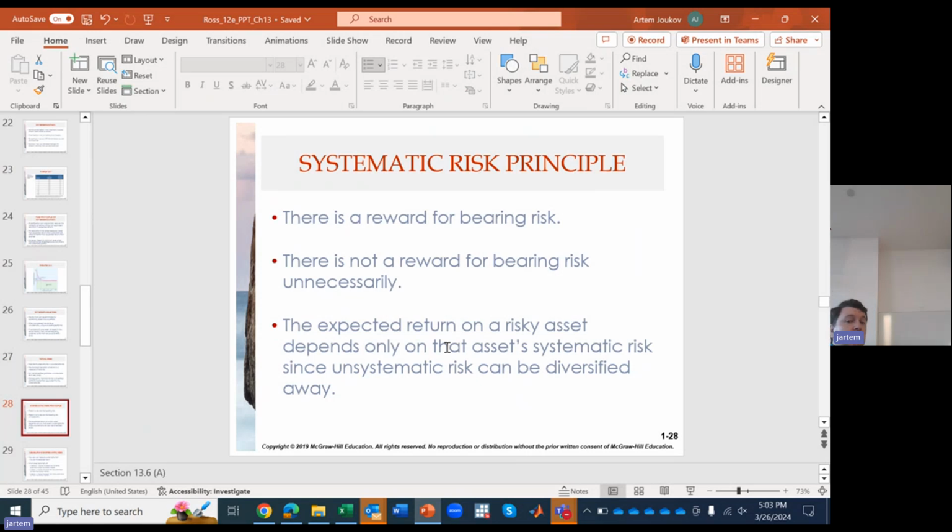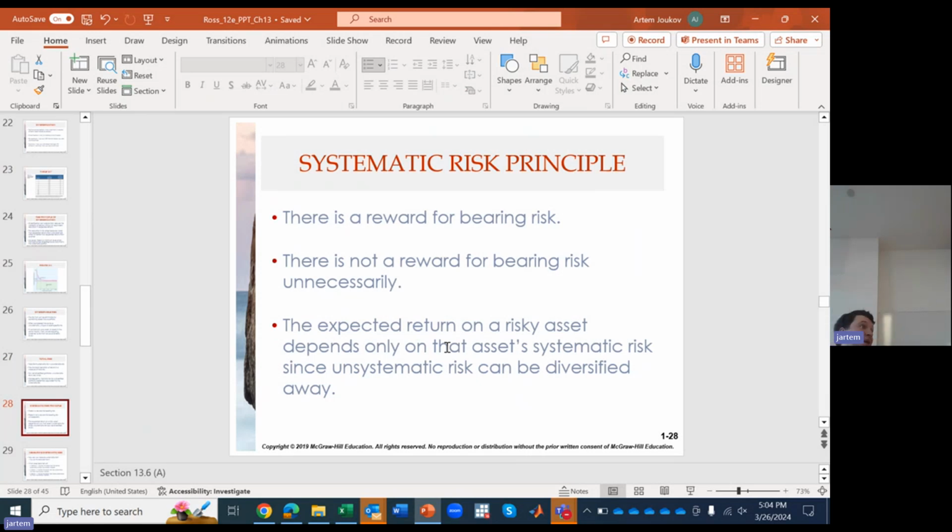Now, this is what you get a reward for. You're not going to get a reward for bearing unsystematic risk, because the idea is that you, the investor, should know you can get rid of it by yourself. So nobody is going to reward you for taking unsystematic risk. But systematic risk, which is inherent in the United States stock market, and frankly in all stock markets, we have to give you a reward for taking that.